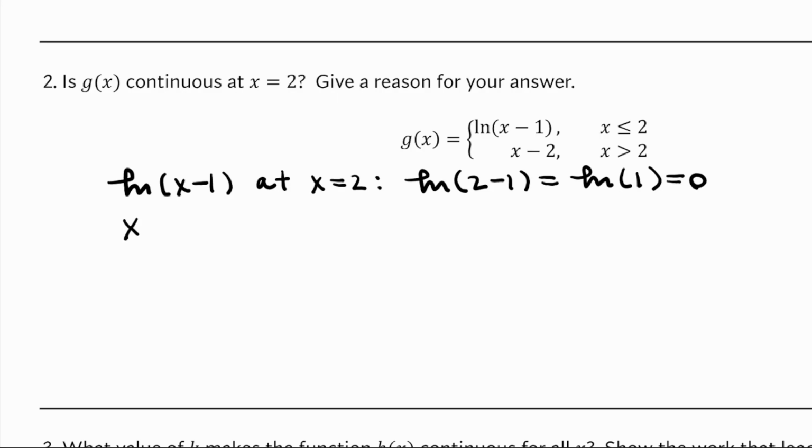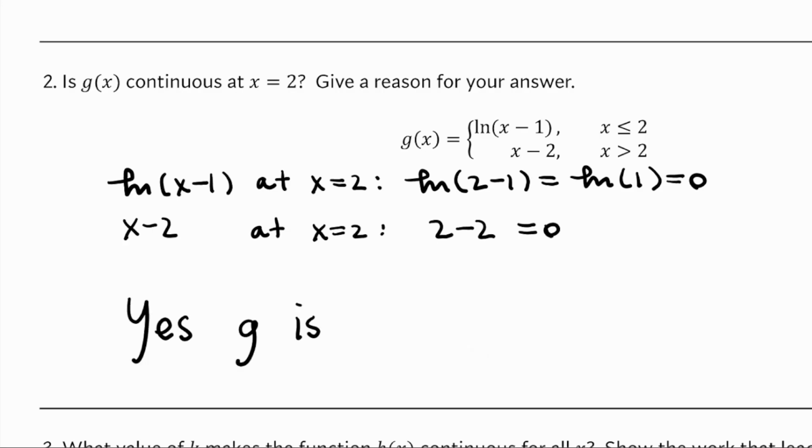And then x minus 2 at the point where x equals 2 is 2 minus 2, which is also equal to 0. This is the reason for my answer, that both of these pieces equal 0. So I'm going to say yes, g is continuous at x equals 2.